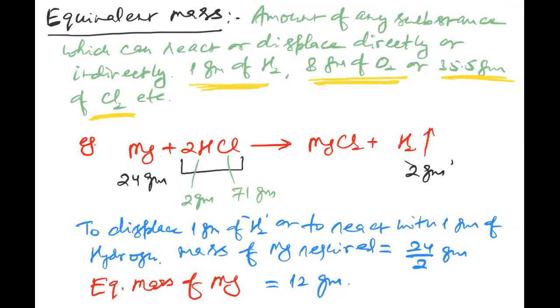Further, we'll do two simple questions based on this. Let's say question number 1 is: if a given metal hydride consists of 5% hydrogen, then find out the equivalent mass of the metal.